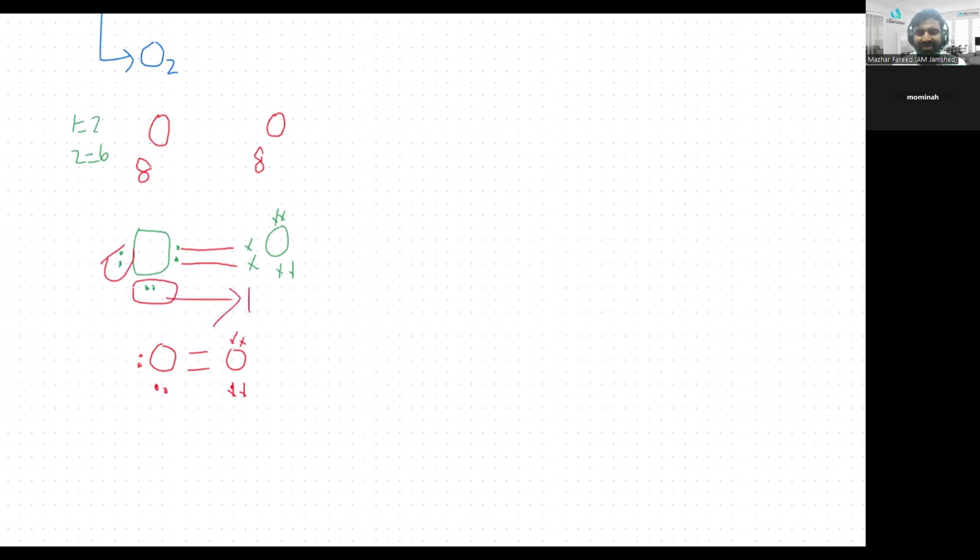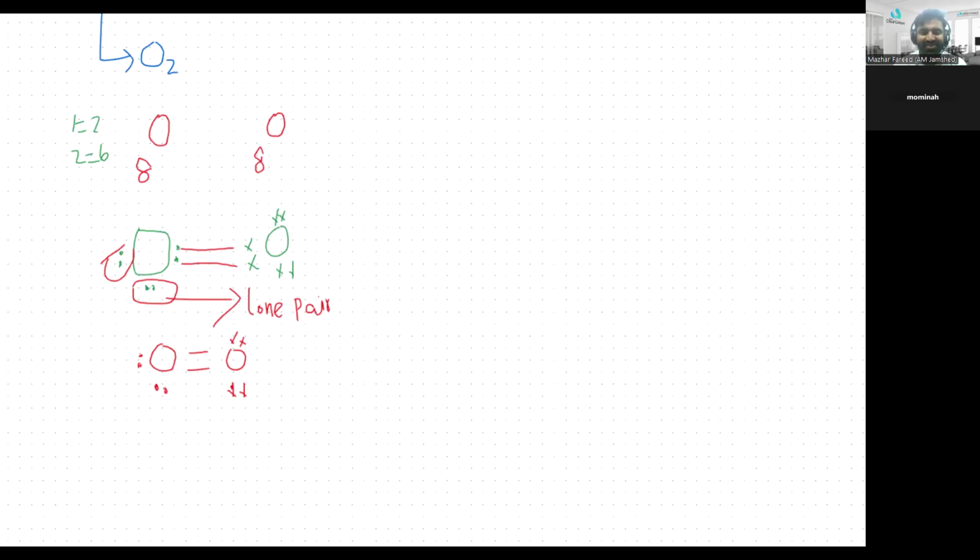Have you heard about lone pairs? The valence electrons that are not involved in the formation of any bond. They must be electrons in the valence shell, but they do not take part in the formation of any bond. These are called lone pairs. So when oxygen forms a bond, it has two lone pairs. One this pair, one this pair.